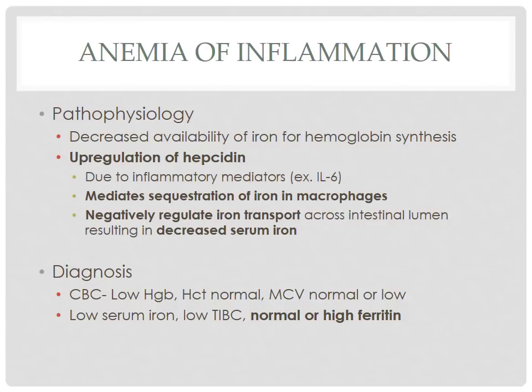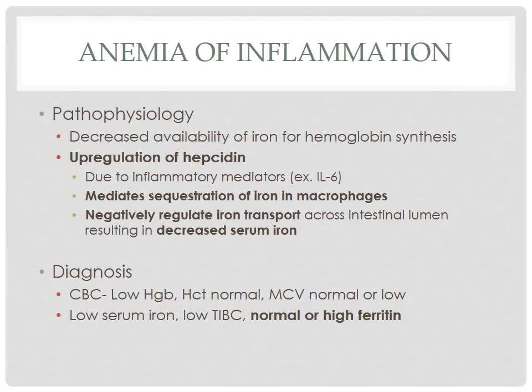For the diagnosis of anemia of inflammation, the CBC will show a low hemoglobin, often a normal hematocrit, and the MCV could be normal or low. It'll depend on the severity. Also, you will see low serum iron because the iron's being sequestered.